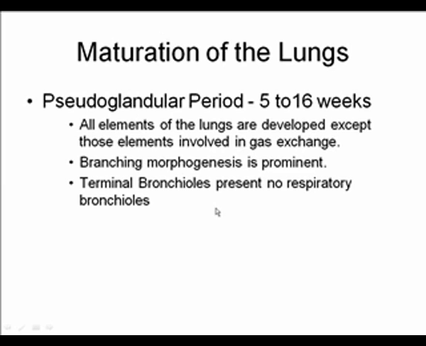It continues to occur until the terminal bronchioles are formed. So the conducting portion of the respiratory tree is formed by this branching that occurs up to about 16 weeks of gestation. So those elements of the lung are developed, except those that are important in gaseous exchange.